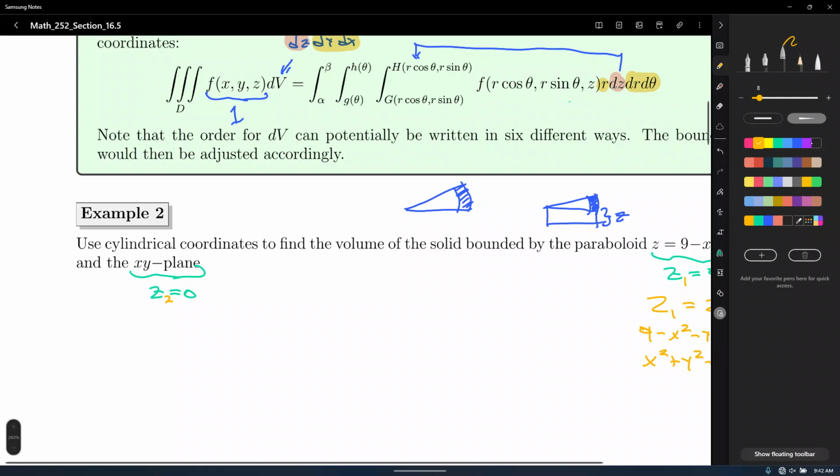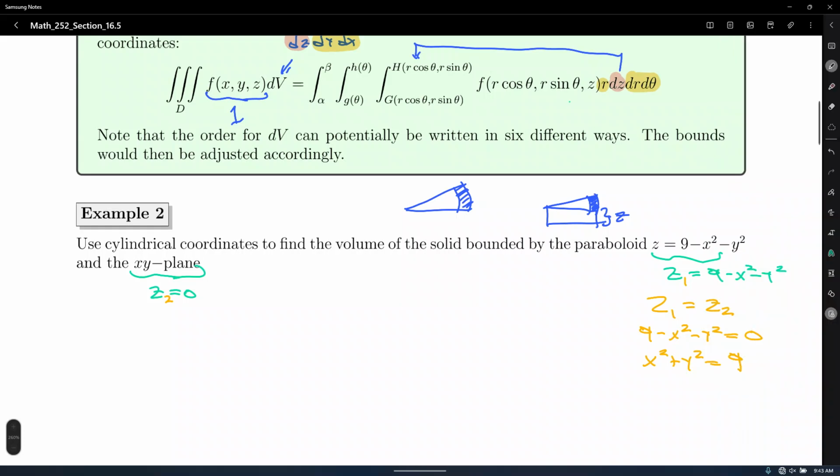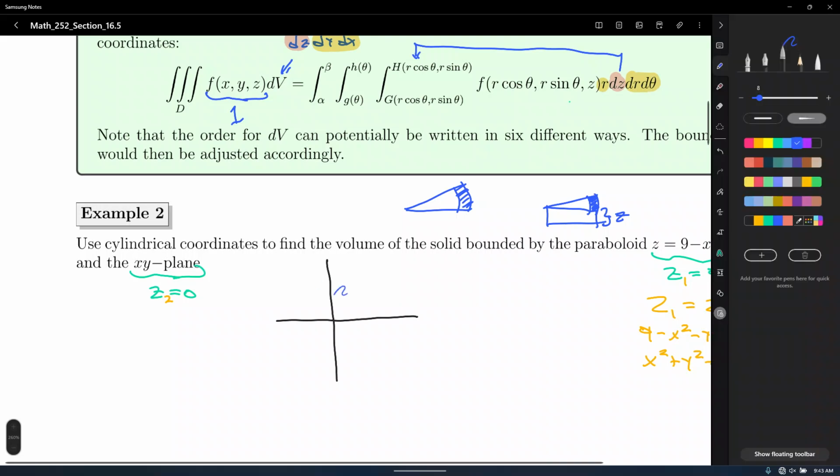Okay, so let's plot that circle onto the xy plane. You're not required to plot the solid, just the projection onto the xy plane. So circle, whoops, that is from -3 to 3, -3 to 3. That's a circle of radius 3.